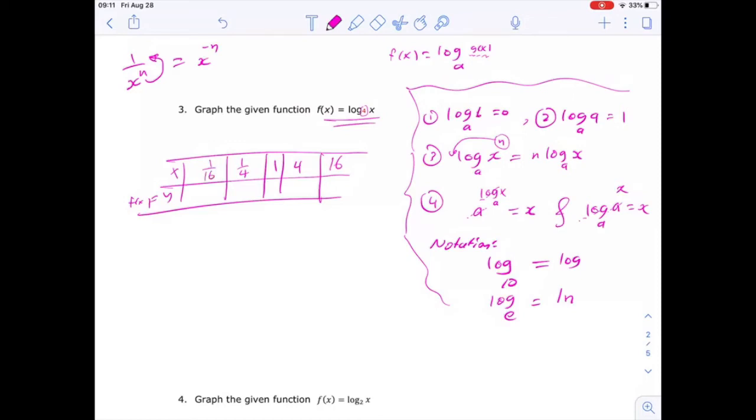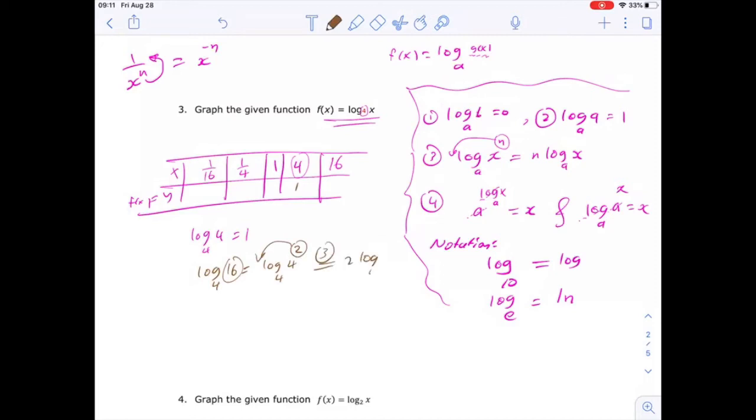Now we want to find f of 4. Log base 4 of 4 is 1. So here we have 1. Now log base 4 of 16: we need to write 16 as 4 raised to some power, and then we can bring this down using property 3.